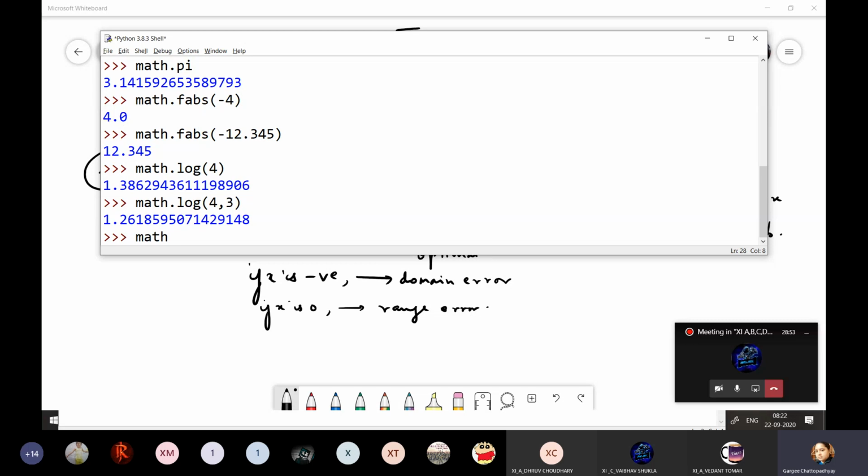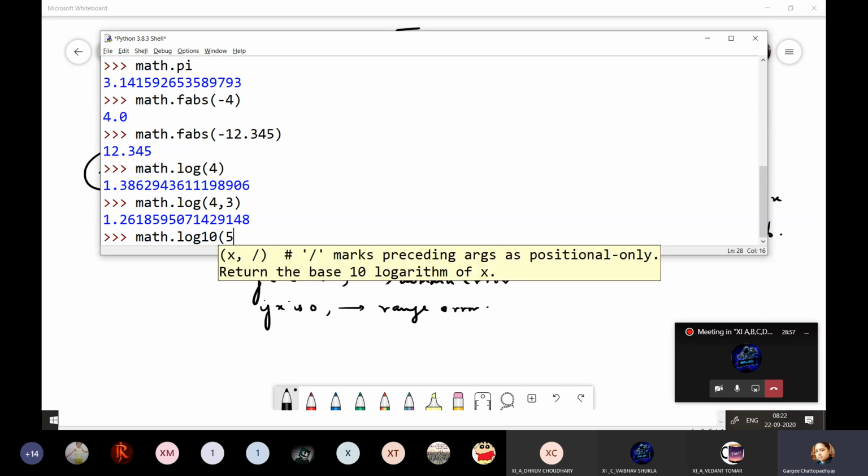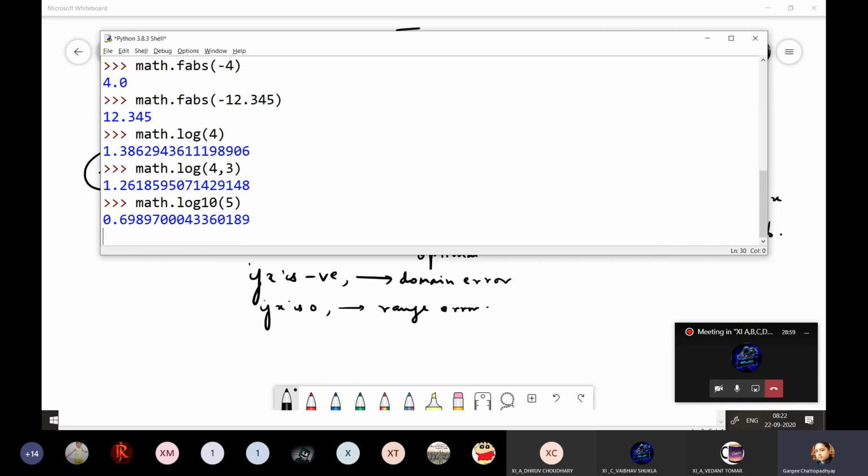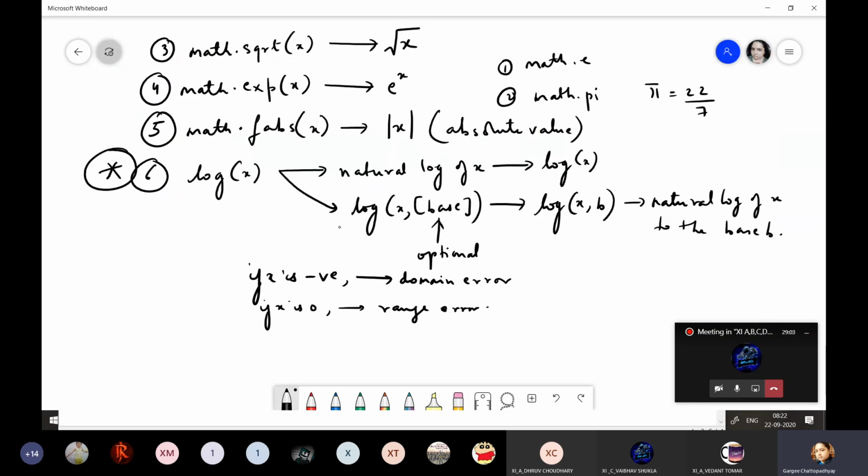And there is another related function, log10, which gives me the base 10 logarithm of any number. For both the log functions, if x is negative, a domain error will be there. If x is 0, a range error will be there. So this log you can just skip for the time being for your half yearly.